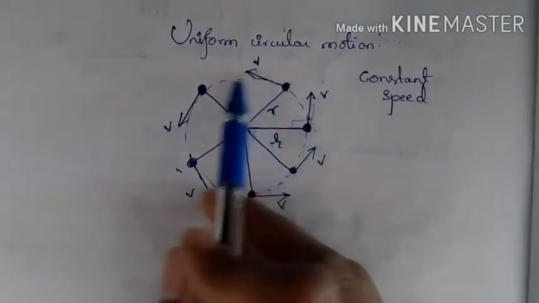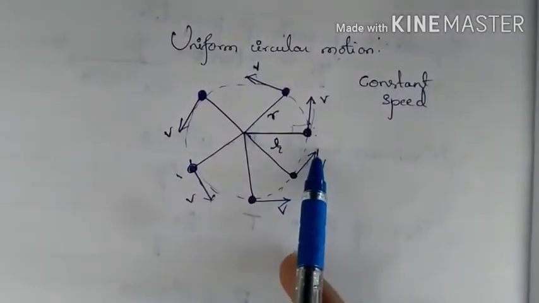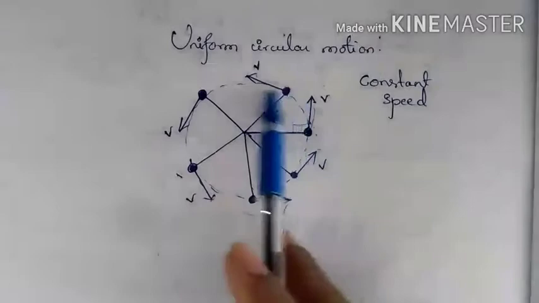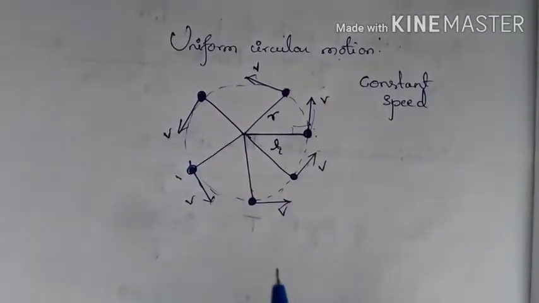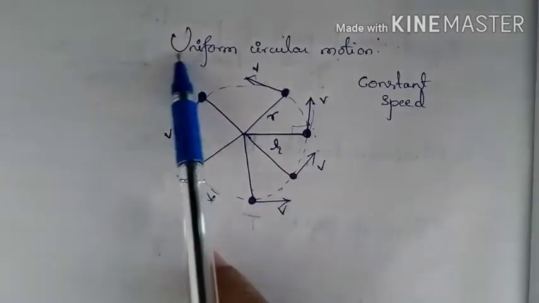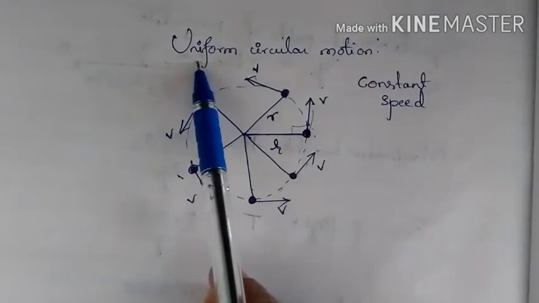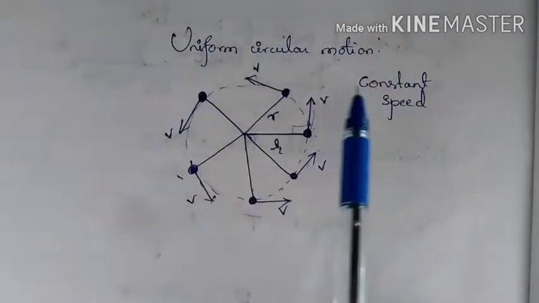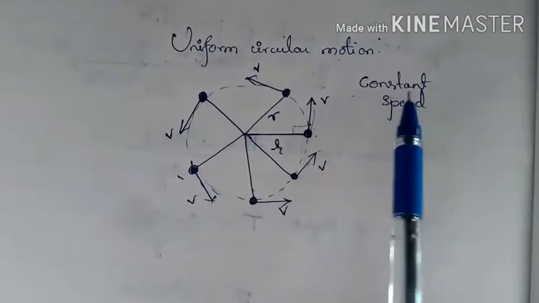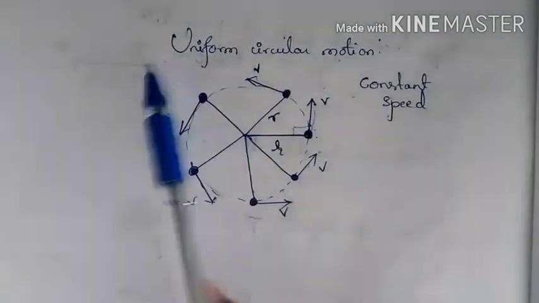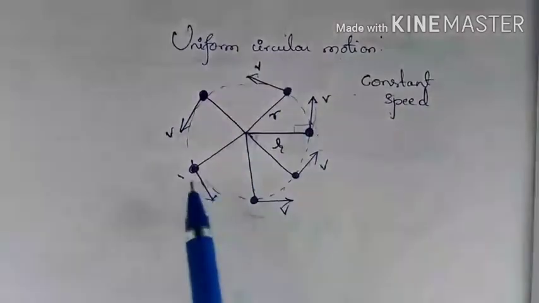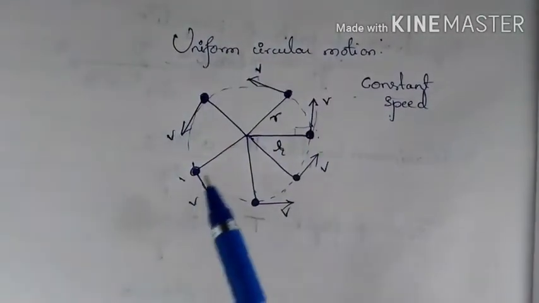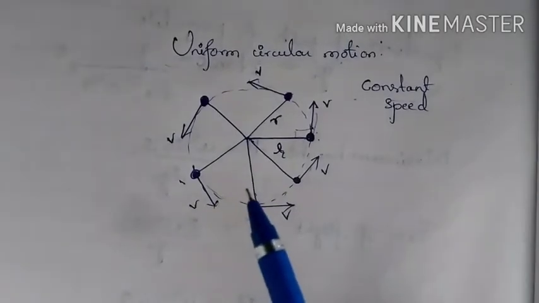The object needs to follow a circular path with a constant speed, and such motion is known as uniform circular motion. Here uniform refers to speed, that is, speed is constant. Uniform means constant, and the circular motion is this.